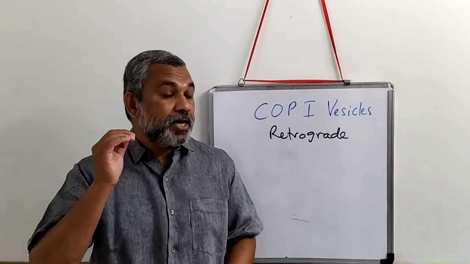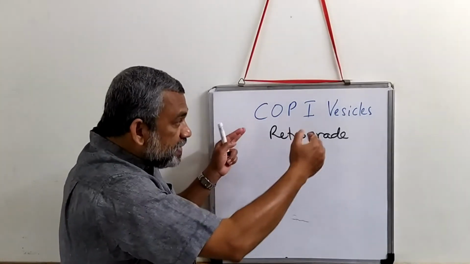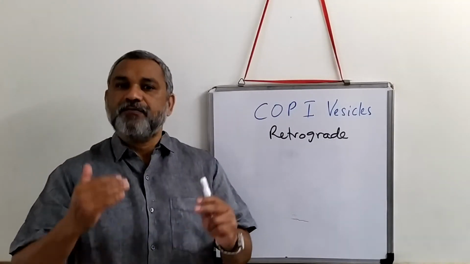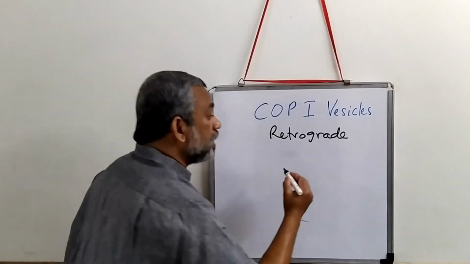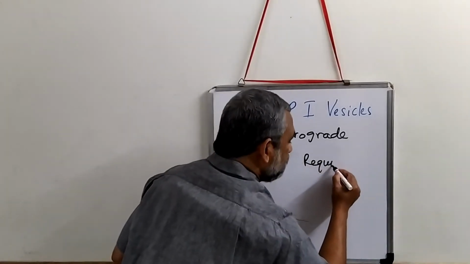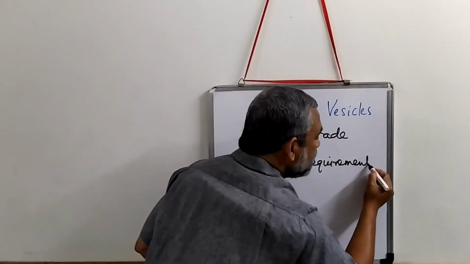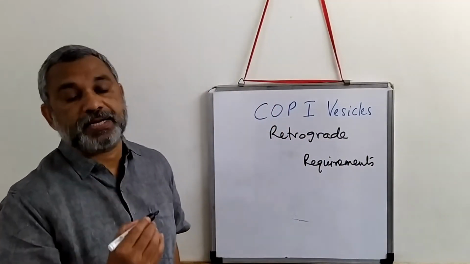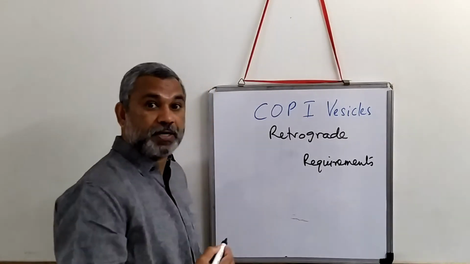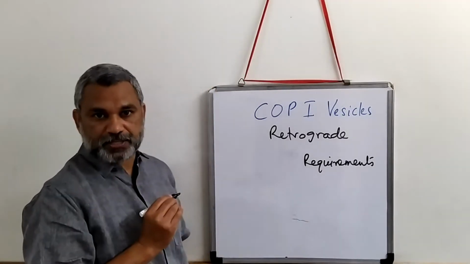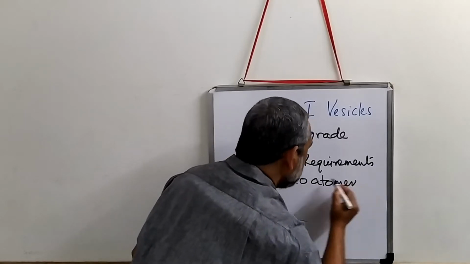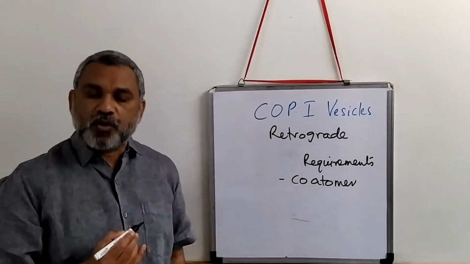Now, to understand how the COP1 vesicle is formed, we shall look at the requirements. In order to understand this mechanism, we need to look at the structure of the coat proteins, and the coat proteins are called coatomers. So this is one thing that we will look at.